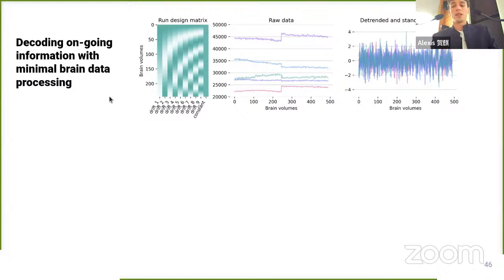And to do so, we only minimally pre-process our brain data. So mostly what you see at the center of this slide are time series collected in 5 different points in a human brain in 2 different sessions. And mostly the only 2 steps that we follow here are we detrend and remove cosine drifts from these time series, and eventually standardize this data such that it looks like what you see on the right.